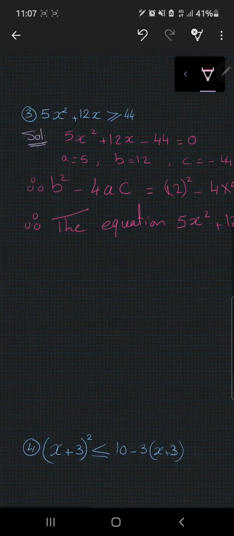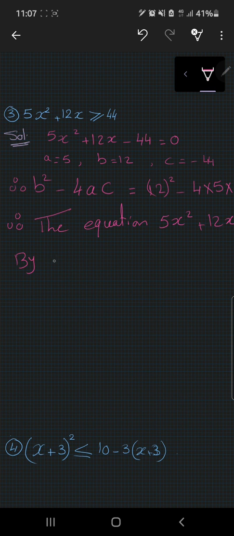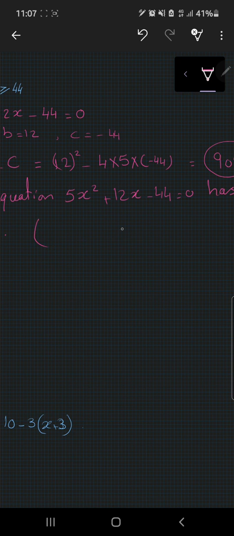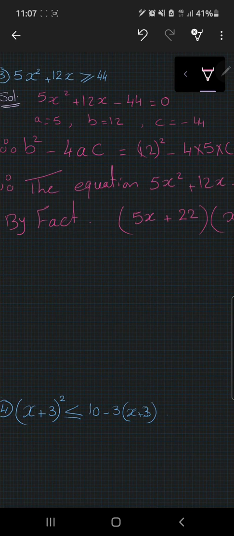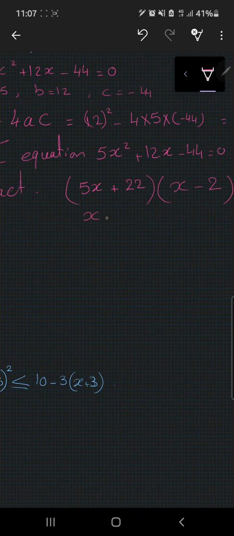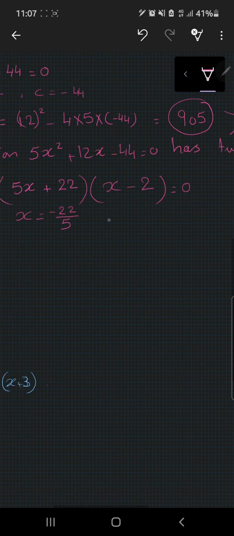By factorizing to get the roots, by using your calculator, 5x plus 22 and x minus 2. So we get x equals negative 22 over 5 and x equals 2.